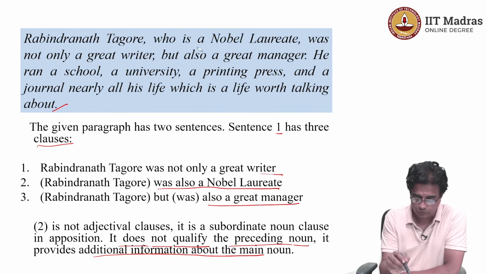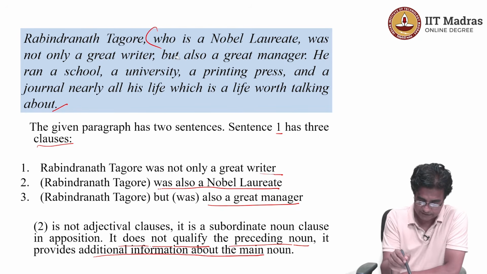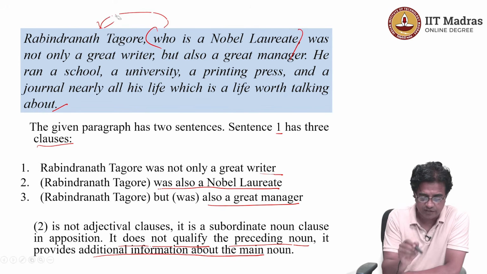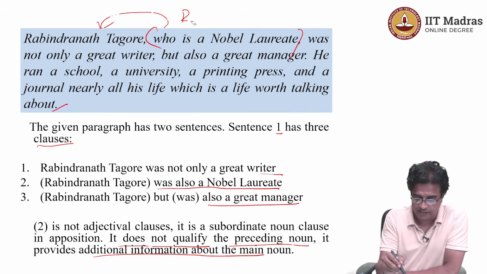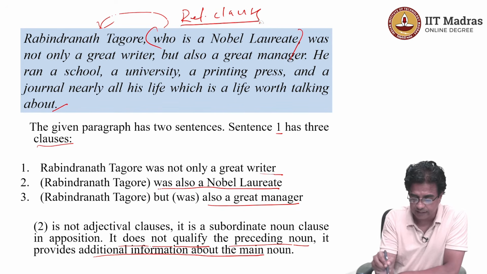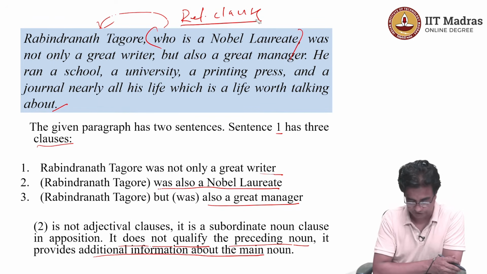So, here, who was a Nobel laureate? This part is giving additional information about this noun. Such a clause is also called a relative clause, but it only gives additional information.